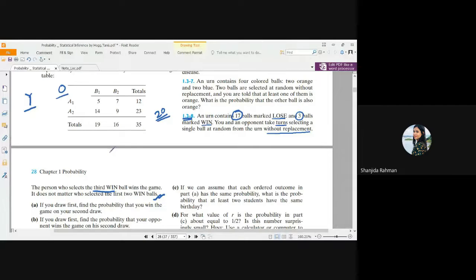Now you are taking turns. If you draw first, it's your turn, then your opponent's turn, then again your turn, then again your opponent's turn. So this is the first turn, this is the second turn, this is the third turn, this is the fourth turn.